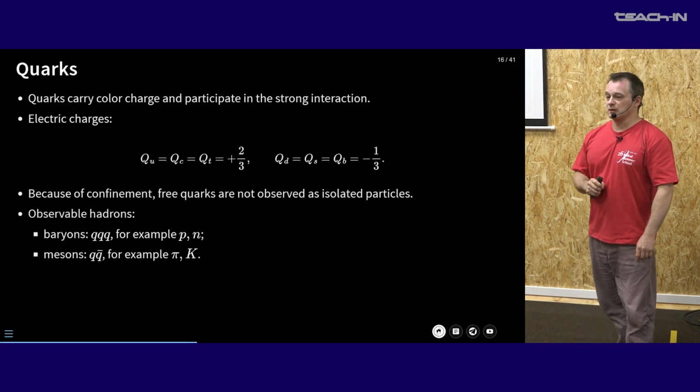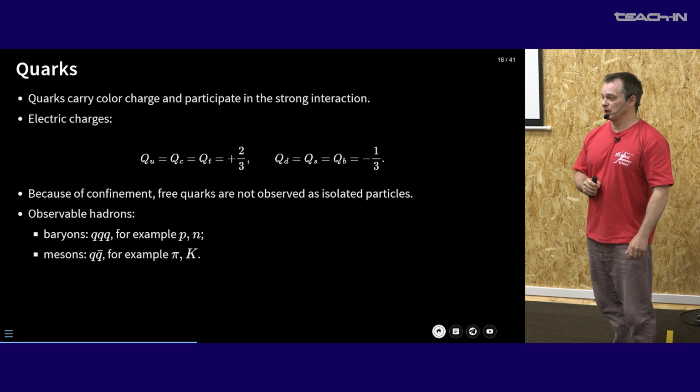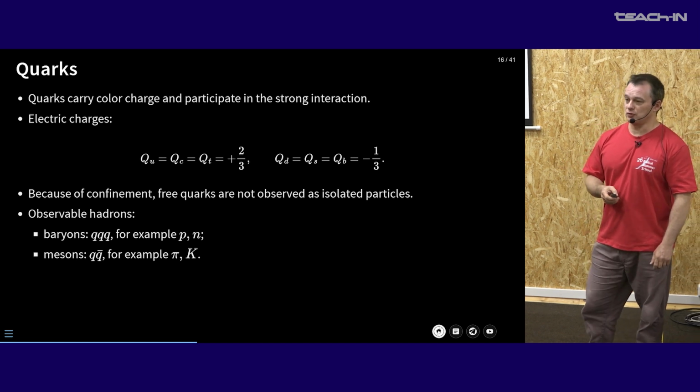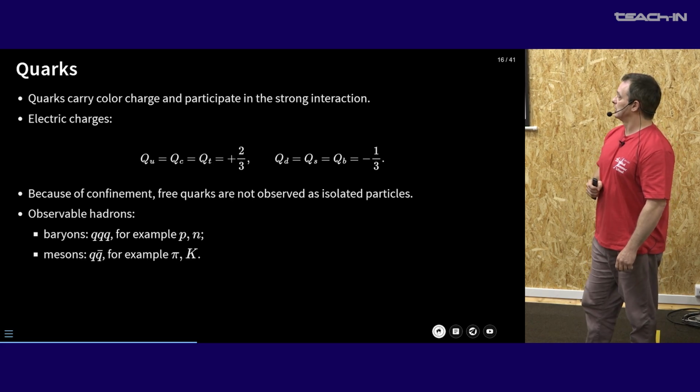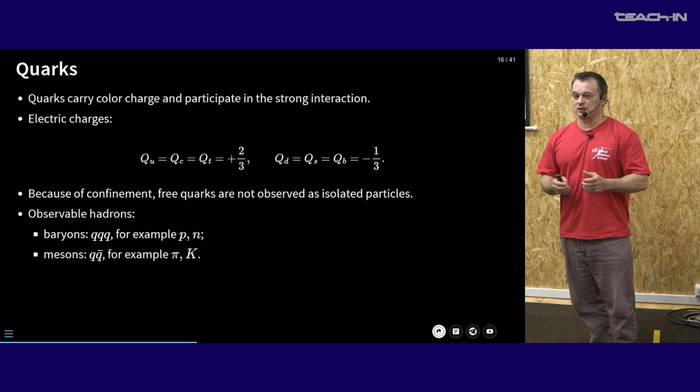What is remarkable about quarks is that their charge is a fraction of the electron charge. It can be 2/3 of the electron charge or minus 1/3 of that charge, and vice versa for antiquarks. One can construct different bound states out of these quarks.